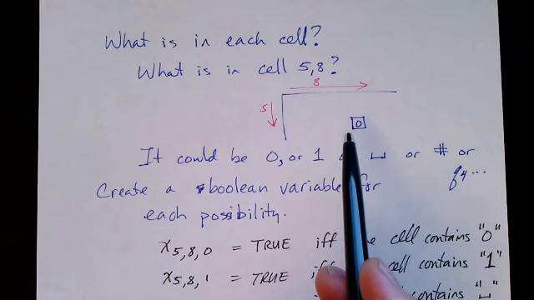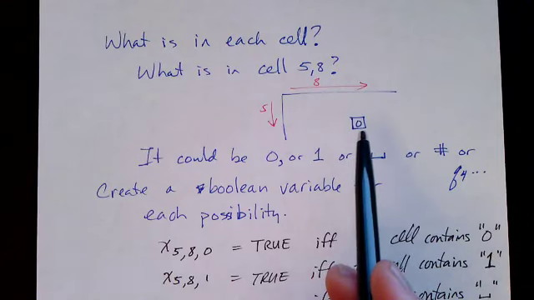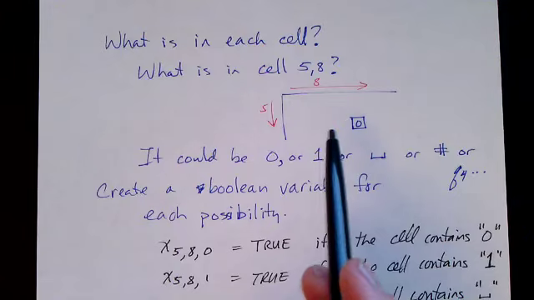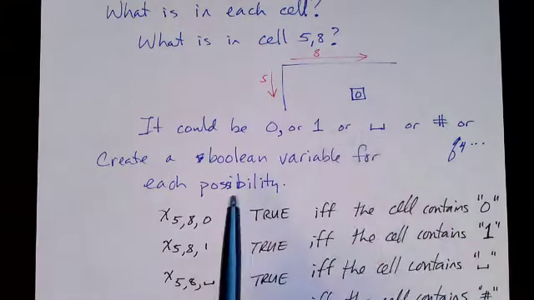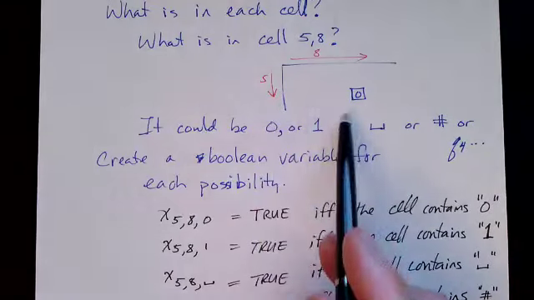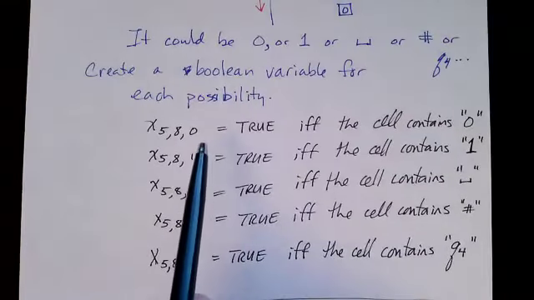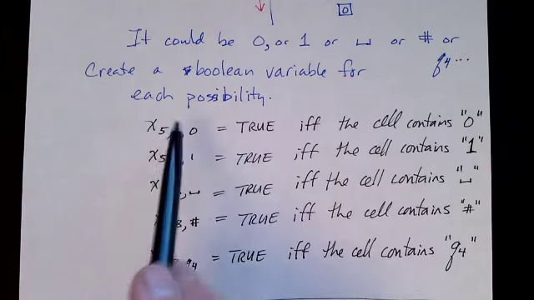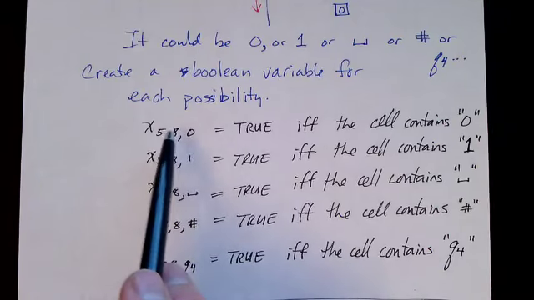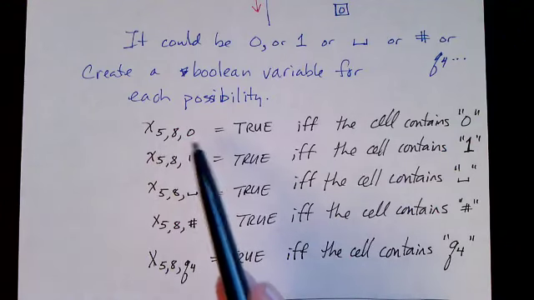And what we're going to do is construct constraints that describe what the table should look like if it does exist. So for every cell, such as the cell 5, 8, we're going to create several Boolean variables to describe that state. And so for the cell 5, 8, we'll need a number of different variables.